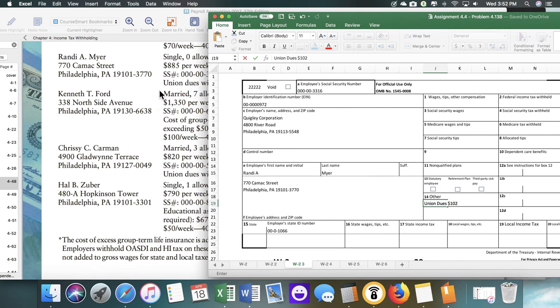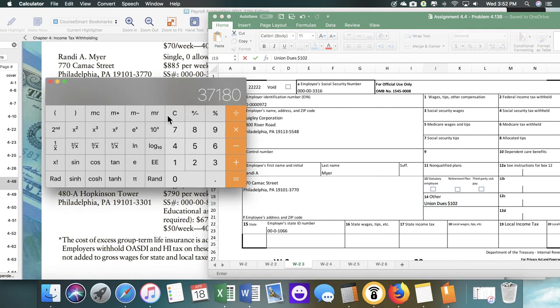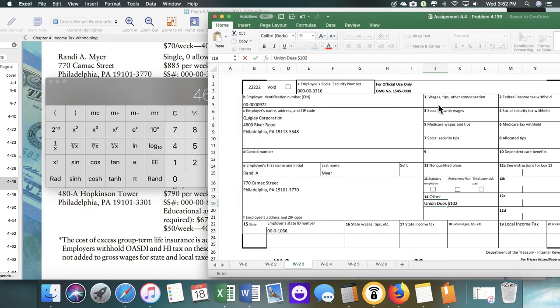And then she gets $885 a week times 52 gives us $46,020. And because there are no 401k contributions, we don't have to worry about calculating the taxable income differently.